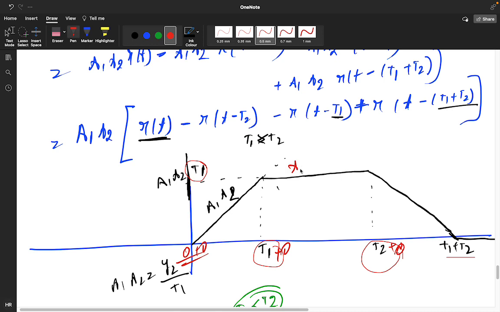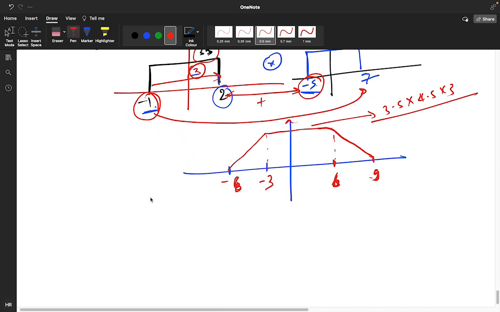So we are getting here a1 a2 into t1. The a1 a2 magnitude is coming here because the slope is a1 a2. If you want to find this particular, y2 minus y1 divided by x2 minus x1 and equate with a1 a2, the magnitude is coming as a1 a2 into t1. So that's why t1 came.